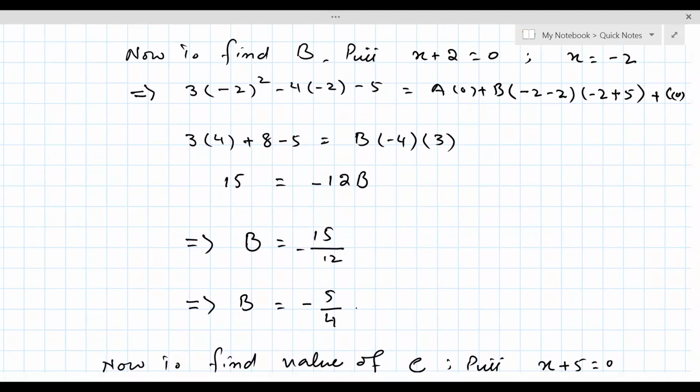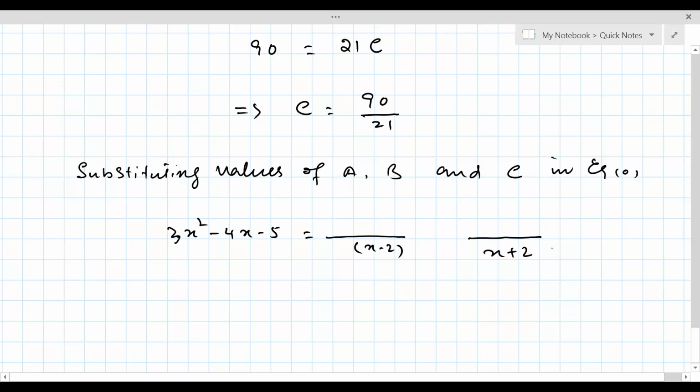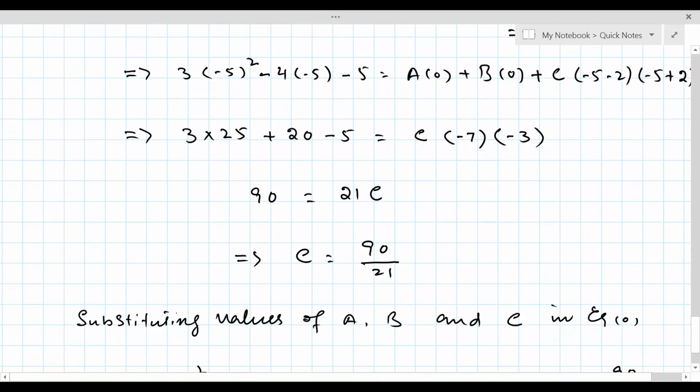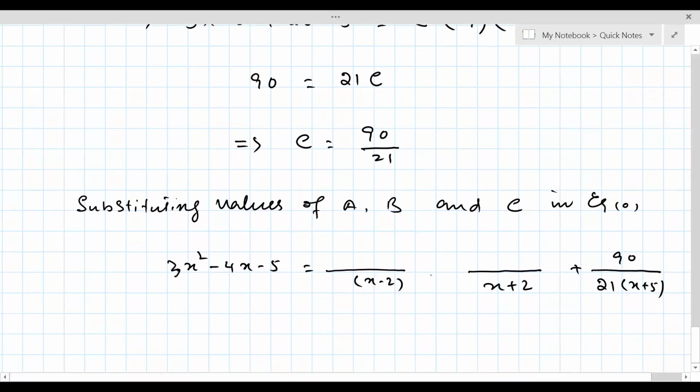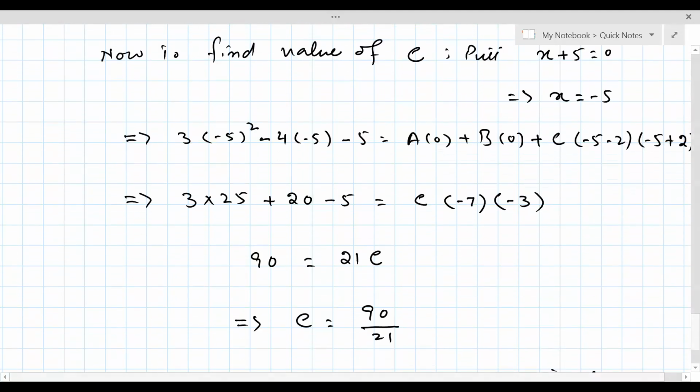minus 1 over 40 into x minus 2 into x plus 2, plus 90 over 21 into x plus 5, and what is b? b is minus 5 over 4, and a is equal to minus 1 over 40.